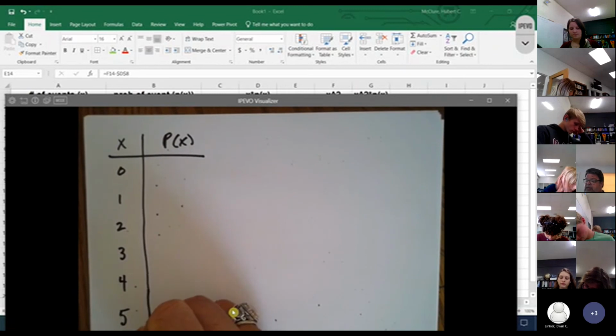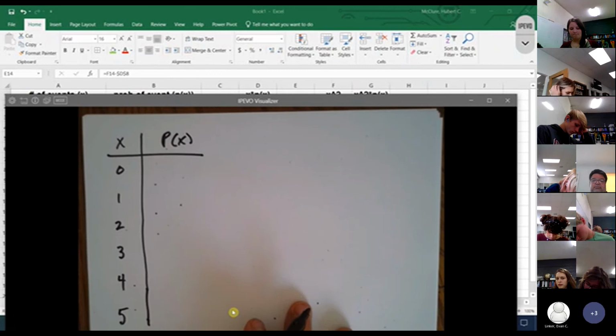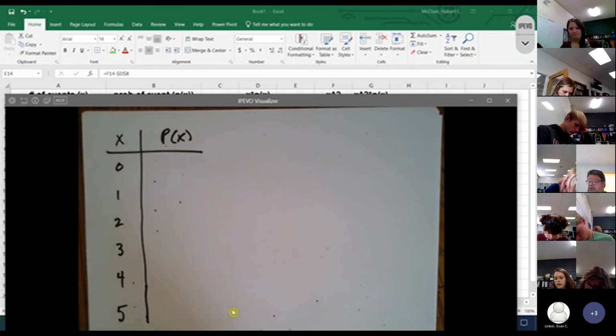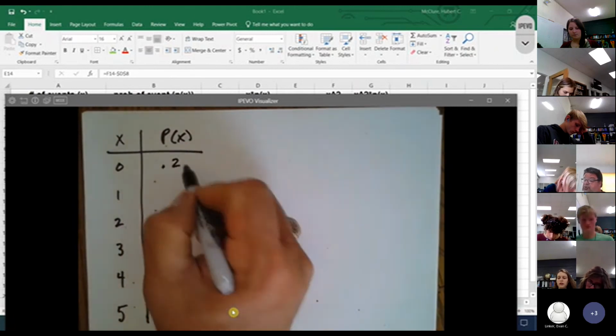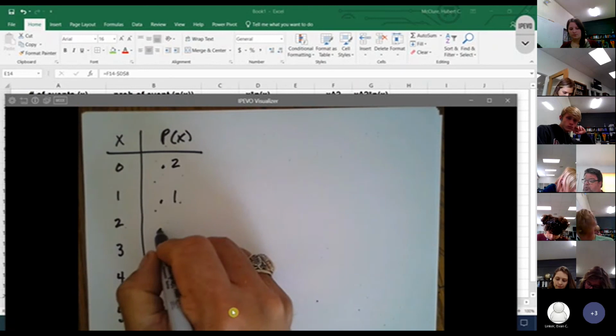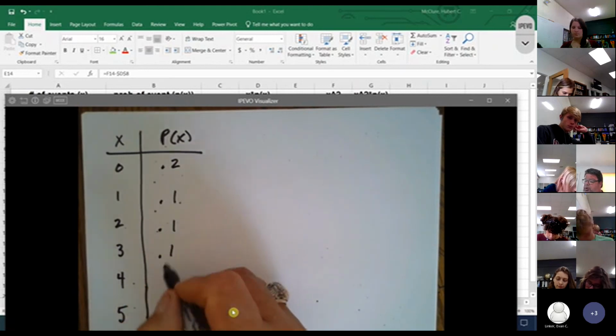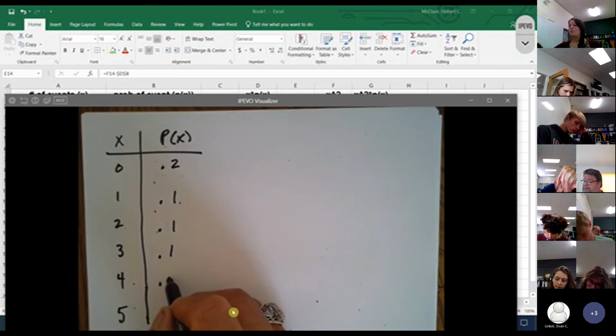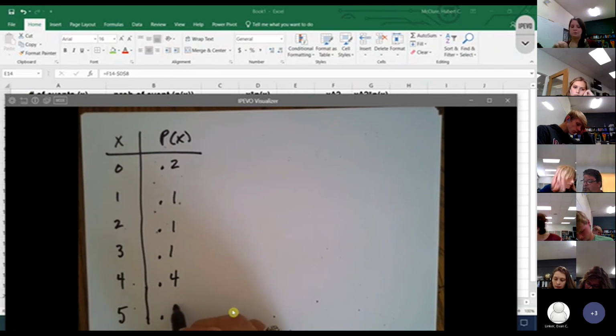This could be number of games in a World Series. It could be anything. The probabilities are 0.2, 0.1, 0.1, 0.1, 0.4, and 0.1.